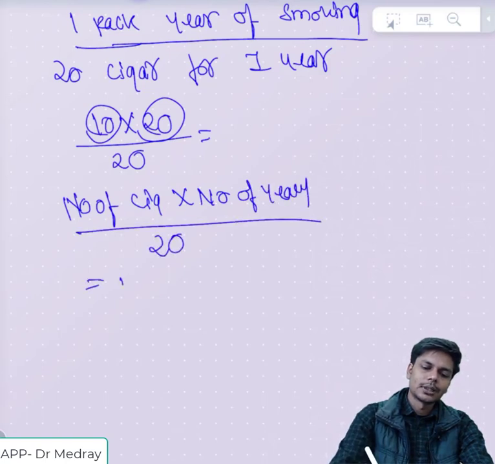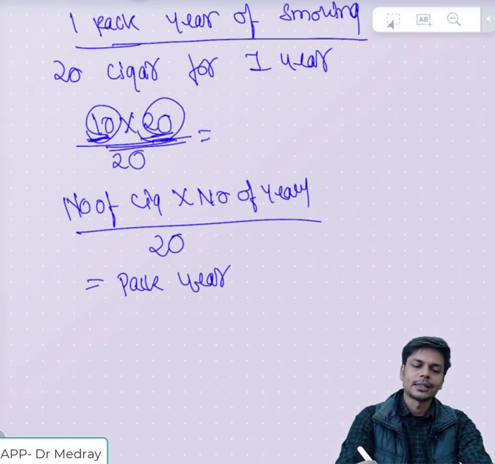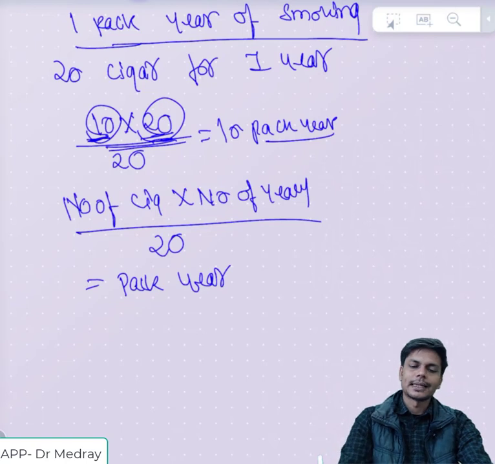So if the person is smoking 10 cigarettes for 20 years, the formula is 10 into 20 divided by 20. So it is 10 pack years.